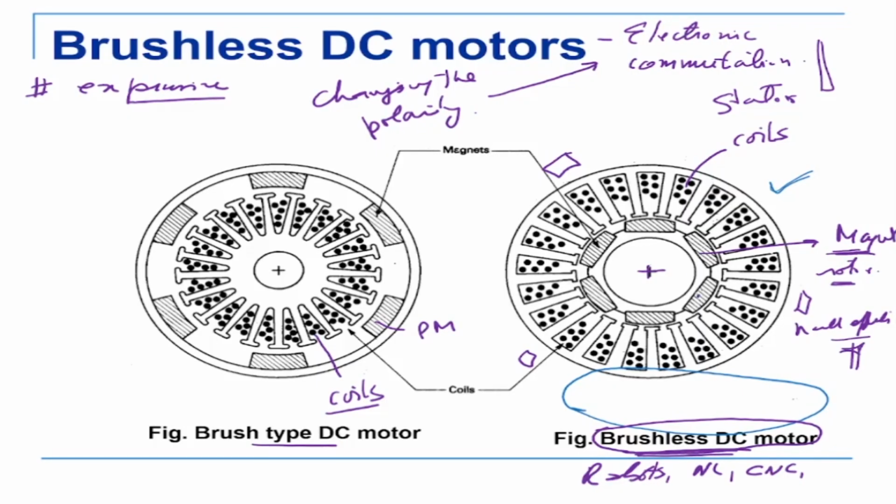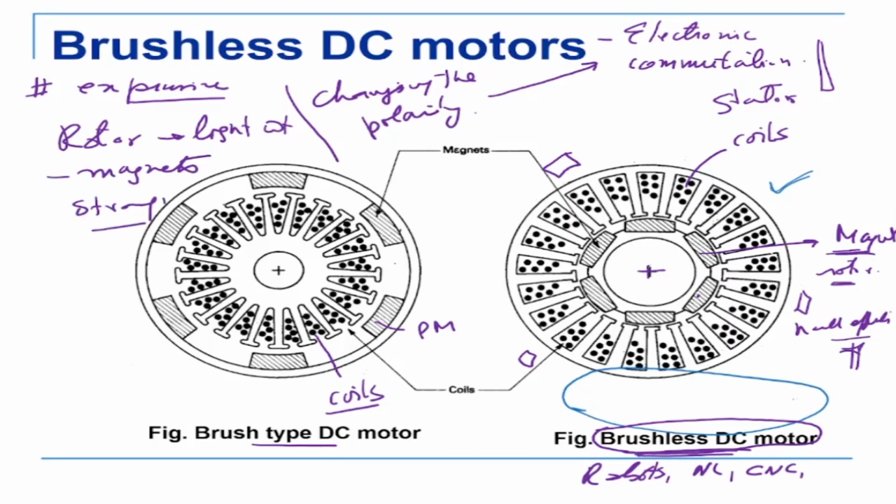If it has very high inertia, it will not stop. So the rotor has to be light in weight for better control. But the magnets must be very strong, and that is the reason why these brushless motors are very, very expensive.